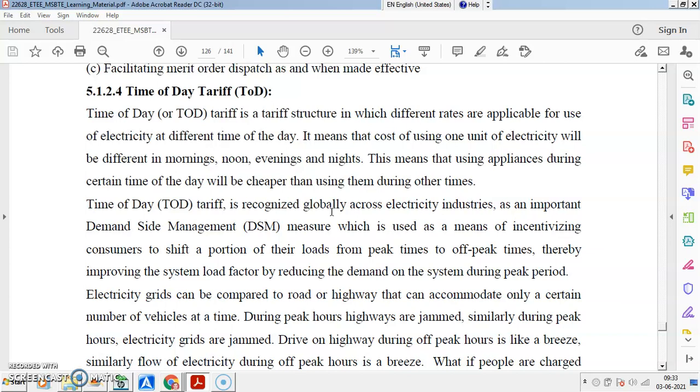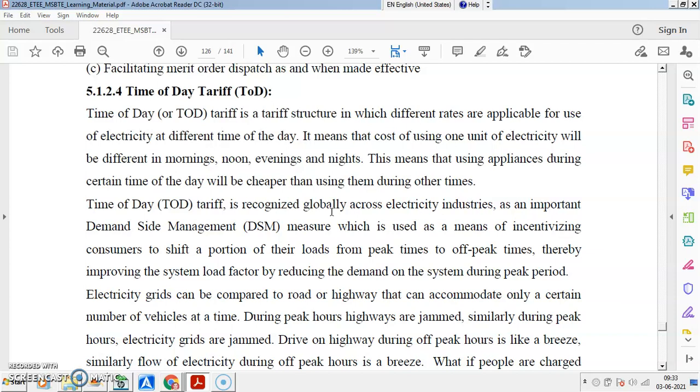When there is a peak, meaning there is excessive demand on the system, maximum demand on the system, at that time we may have a particularly high rate for using energy. When there is off peak, with very light load on the system during night hours, we may have a minimum rate for using electricity. Because of this, people may shift their loads.